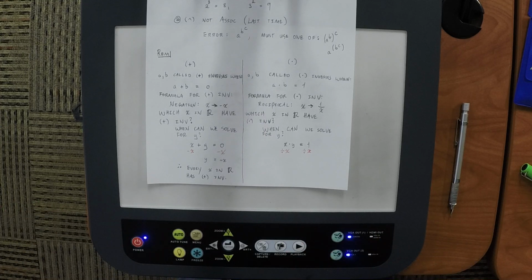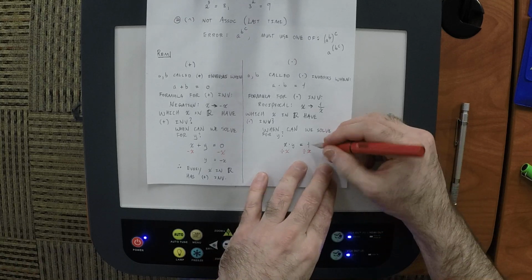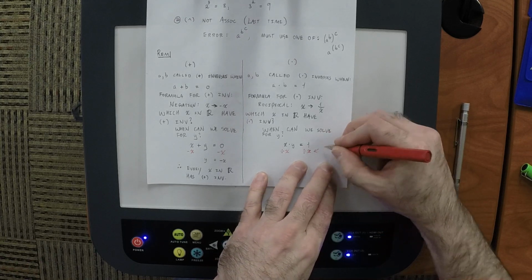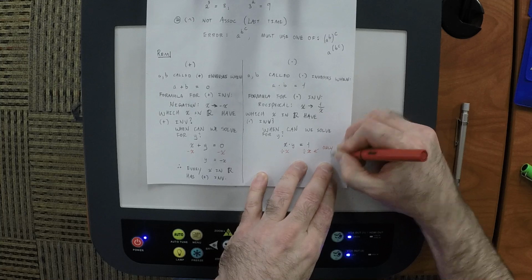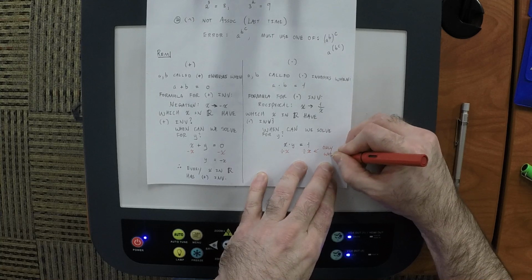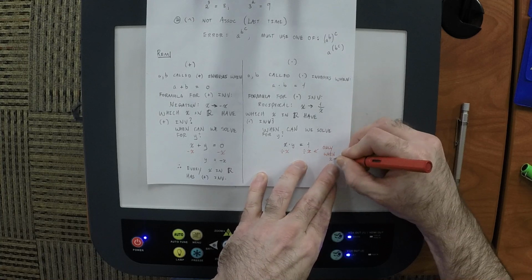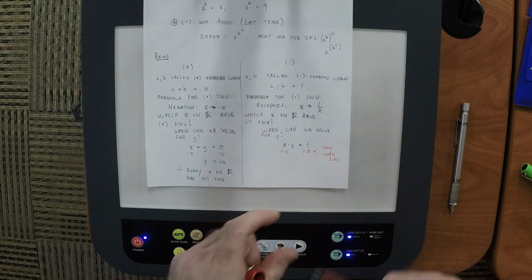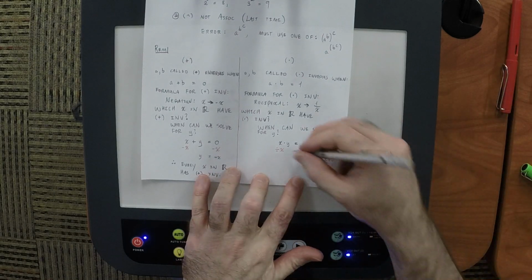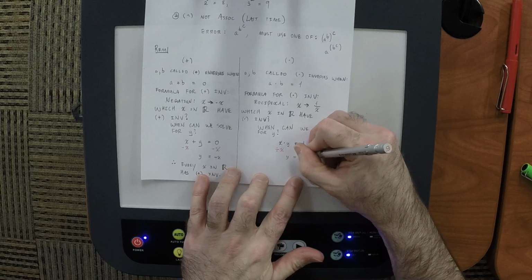But there is an x for which it is just not fine. 0, right? It's not permitted that you should divide both sides by 0. So this is only possible when x is not 0. In that case, the answer would be that y is 1 over x.